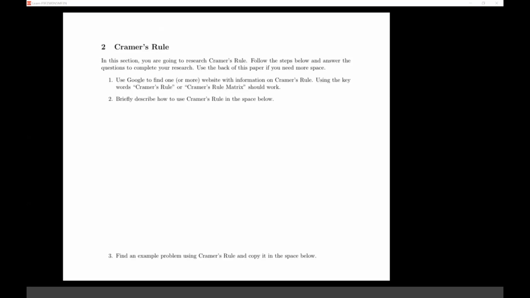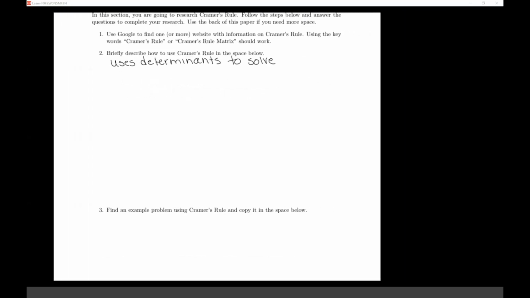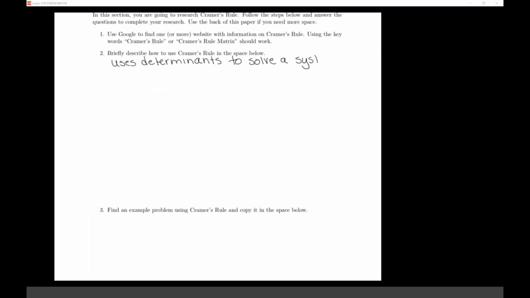Okay, so here's what I found out about Cramer's rule. It uses determinants to solve a system of equations, and basically, like I said, it's useful for solving for one variable.